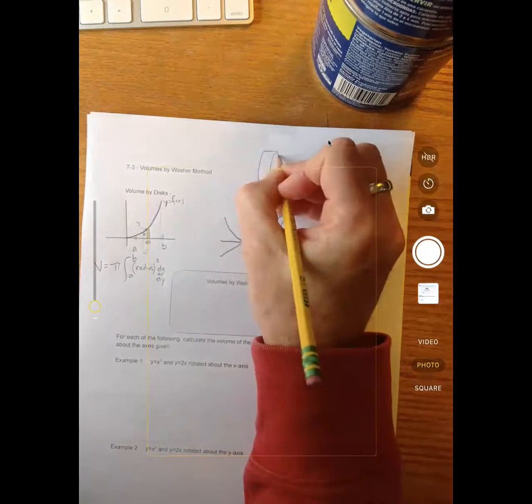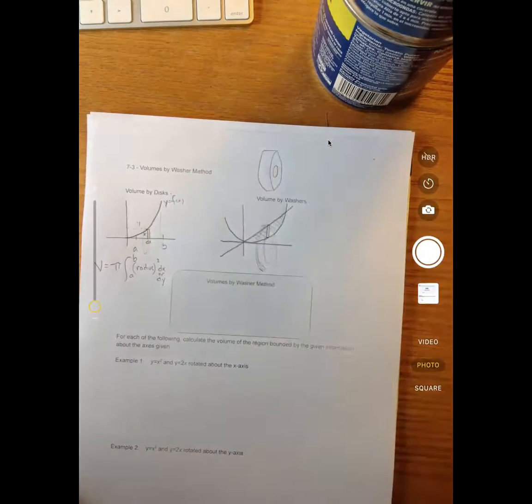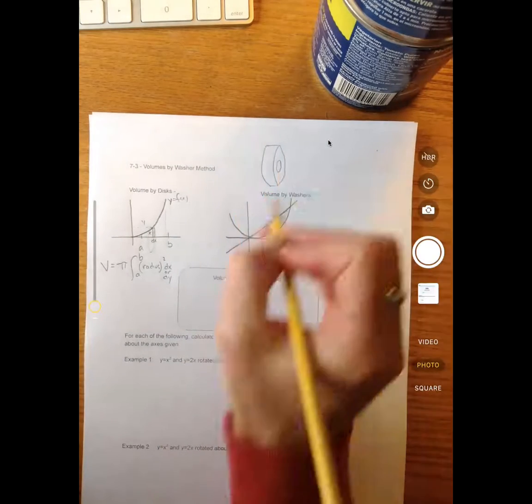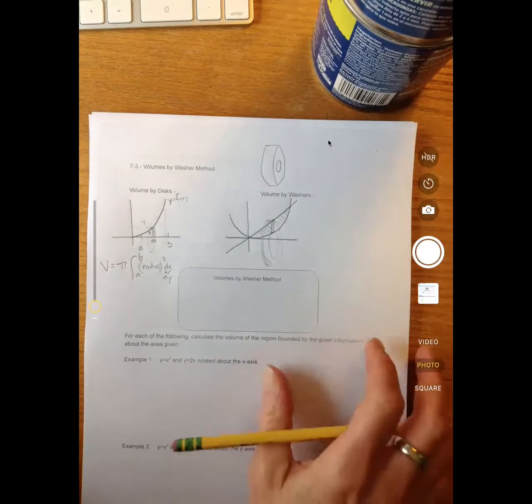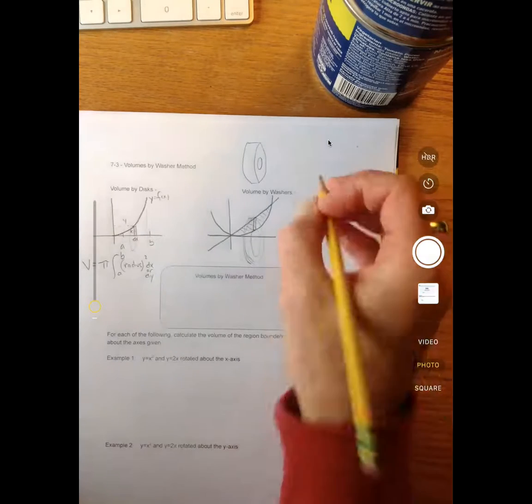You know, like nuts and bolts, a washer, where it's basically a disc with a hole cut through the middle of it. Well, if you think about it, how am I going to find the volume of that? It is basically a cylinder, so pi r squared h, but it's missing a little cylinder inside of there. So if anything, I should be thinking about this as a difference of cylinders.